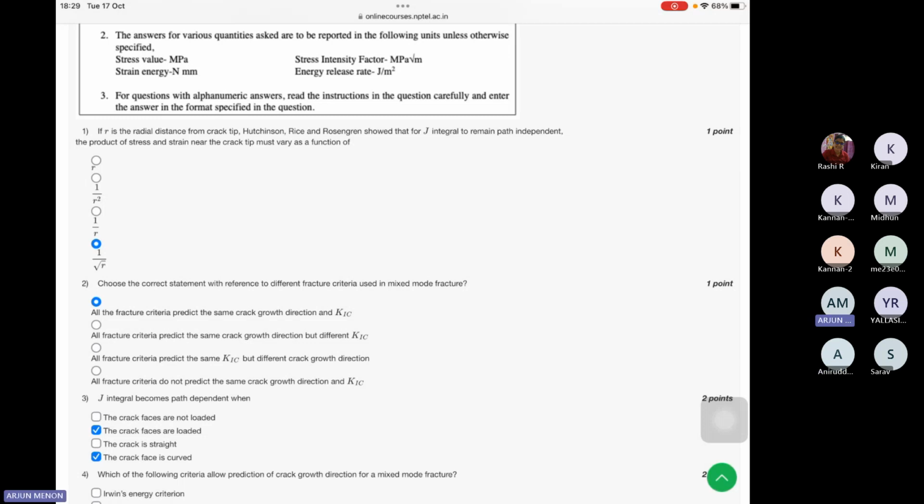The crack extension angle in case of MTS is minus 70.6, and in case of strain energy density it is minus 83.62. The critical value of K2 is 0.866 K1C for MTS and 0.905 for SED. So it will be almost the same, but not exactly the same. I remember Sir mentioning in that video that although there is a slight difference, there is no radical change: 0.86 and 0.9, minus 70 and minus 83.